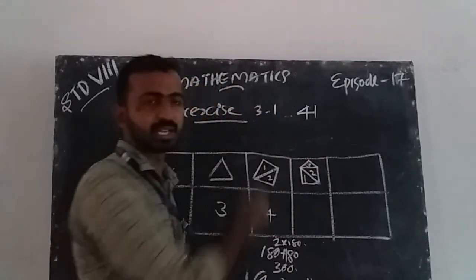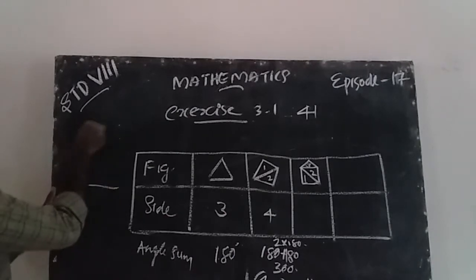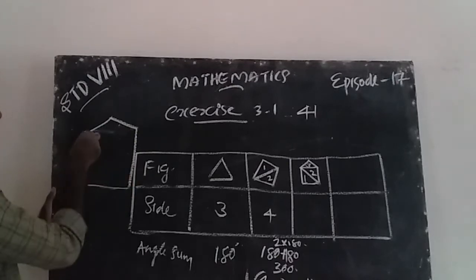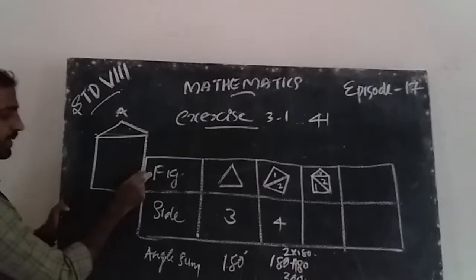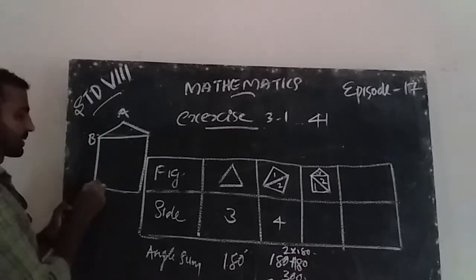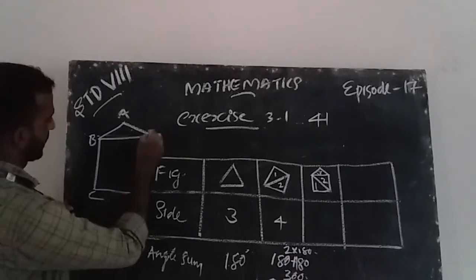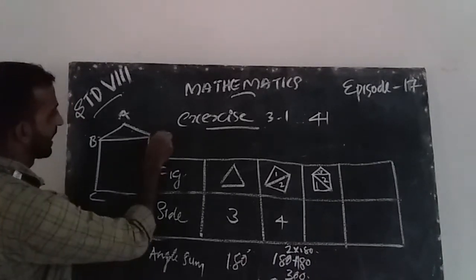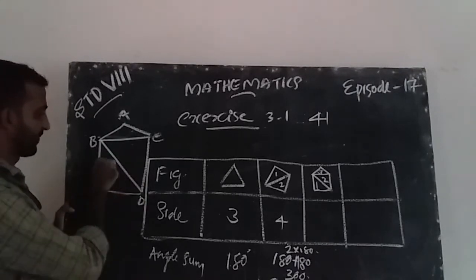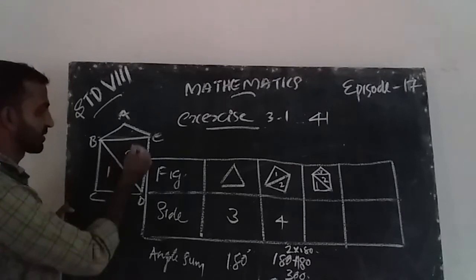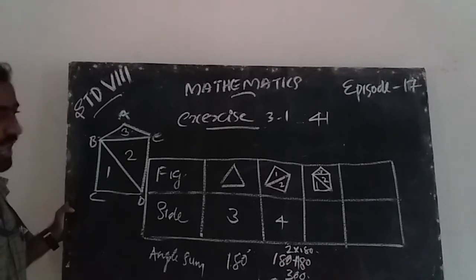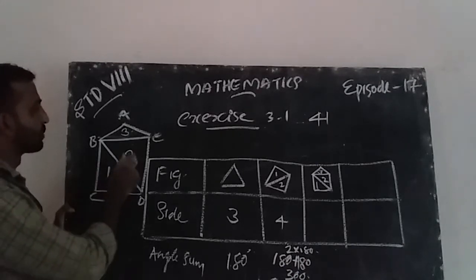For more clarification, this is a pentagon A, B, C, D, E. Is it? Yes. Here we get 1 triangle, and also here is 2, here is 3. Is it? Yes. That is 1, 2, 3.